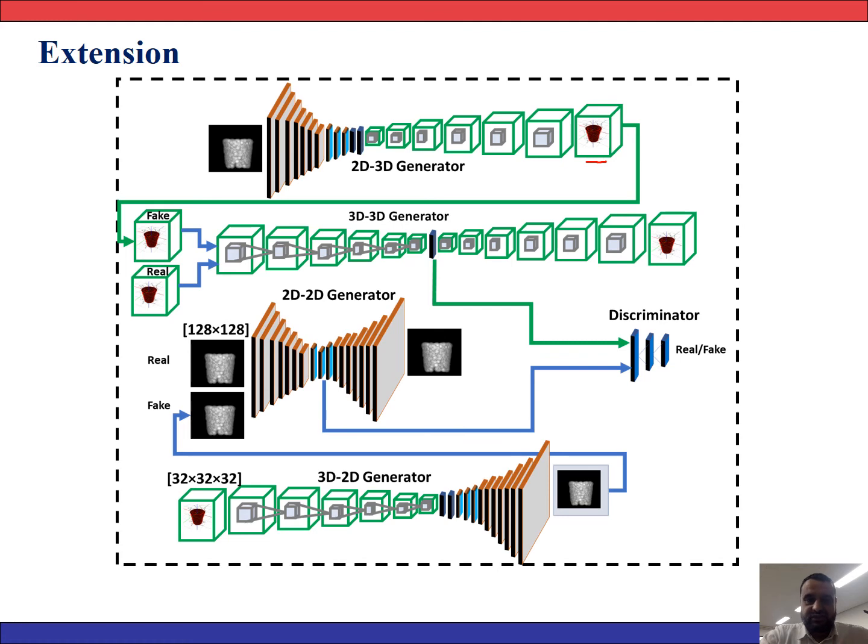So what we did here was add another 3D to 2D generator, which takes 3D as input and generates its corresponding 2D. Now the discriminator, in the real pair, takes both the 2D image and 3D representation as real, whereas in the fake pair, it takes the generated 2D image and generated 3D object. So now it is consistent.